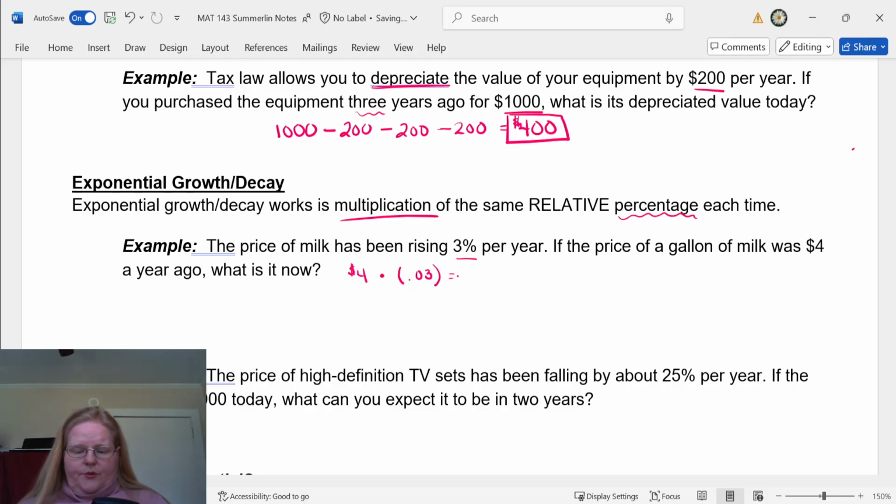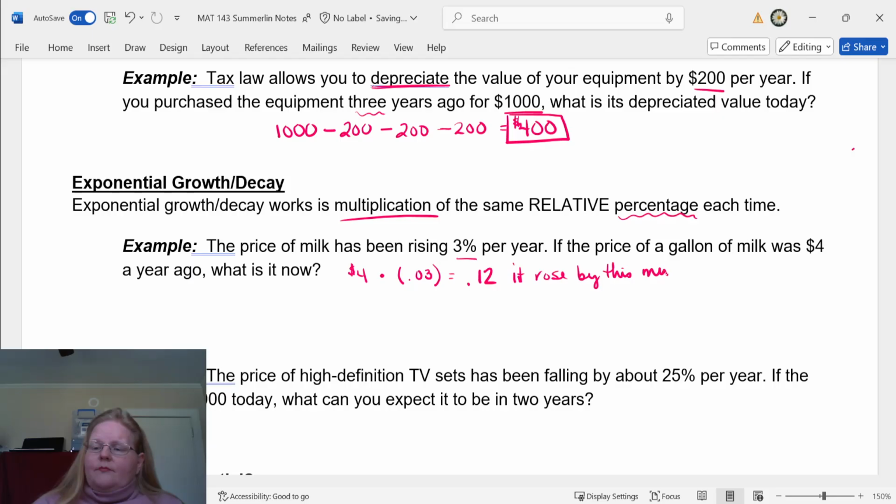4 times 0.03, 12 cents. So this 12 cents is how much it rose. So that means that it costs $4.12 now.